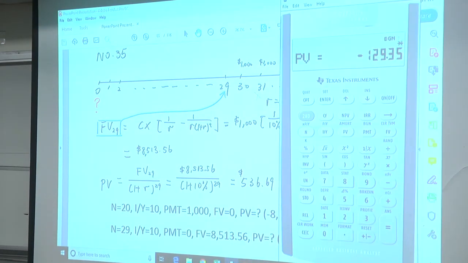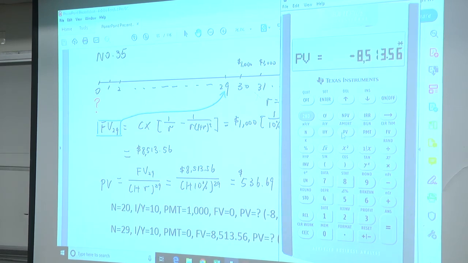Every time, check if your beginning setting is on. If it is, let's do this again: second, beginning, second, set. Then it goes back to end. So you have a 20, you have a 10, you have a 1,000, and let's say you receive 0 future value.